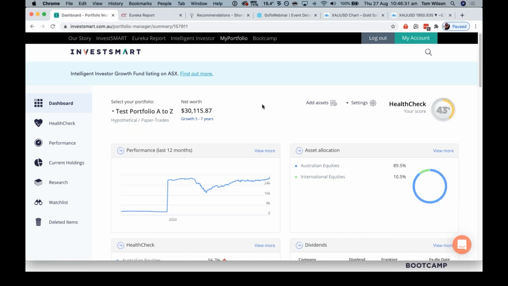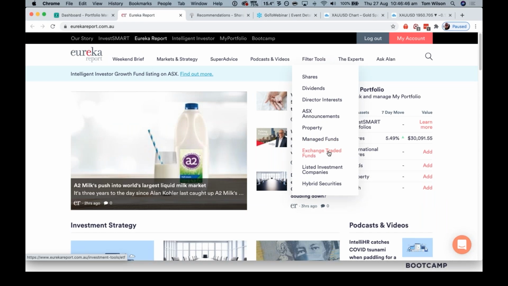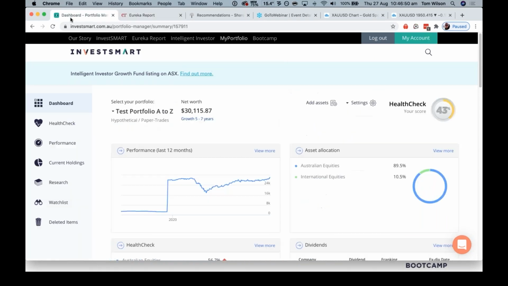There is an ETF, and I can't remember the name of it, that actually does something similar to this. I believe it's a BetaShares product, but you can always go to Eureka Report, go to filtered tools and exchange traded funds, and look up all the different ETFs as well. But this could be one way, Kerry. There are other portfolio management systems on the market.